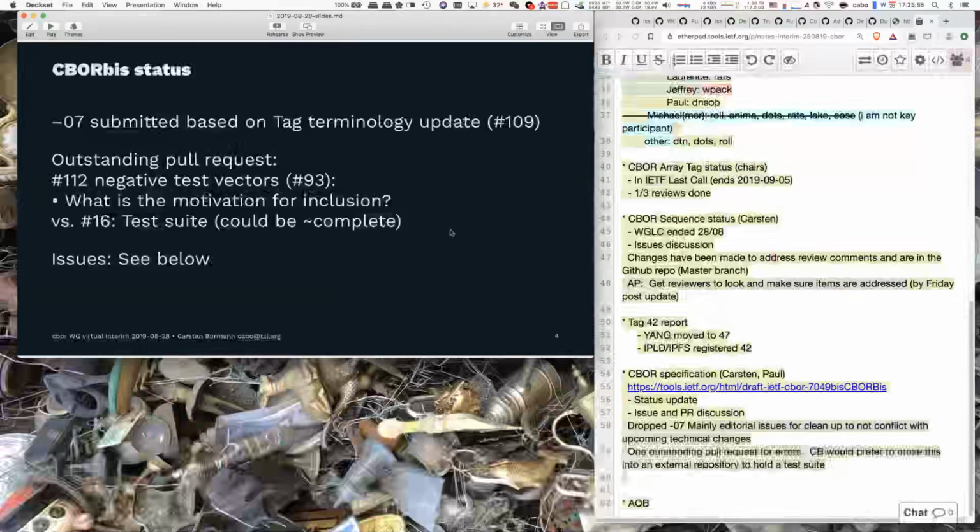And I actually wrote a test for the half-length floating point that just includes all the numbers there are, because you can do that for 16-bit space. And we wouldn't do that in the RFC, but we can easily do that in the test suite in the repository. So I think it would be a good idea to really do this test suite thing.